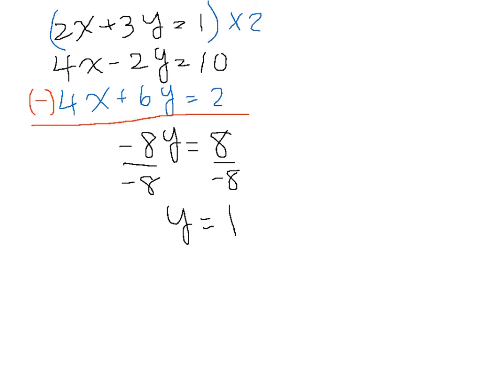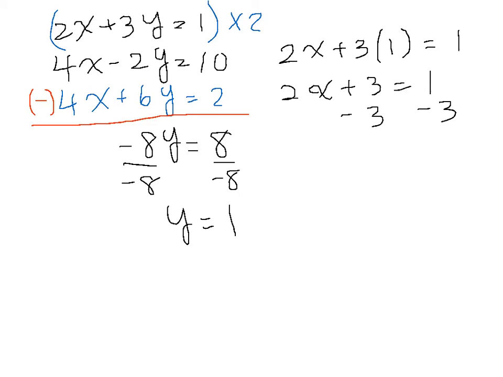So let's replace that. You can use any equation you want because these three y are 1. I want to take the easiest one, which is the first one, I think. So let's do 2x plus 3y, which now is 1, equals 1. So let's just solve that.